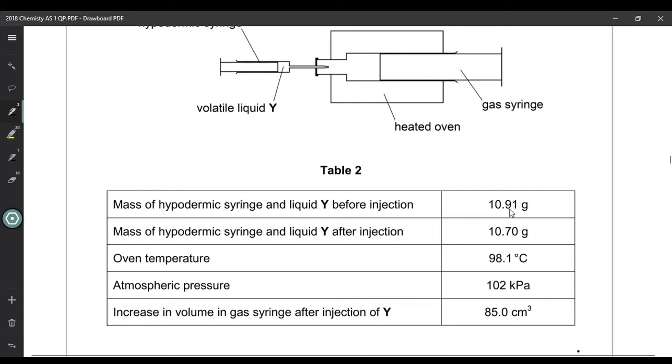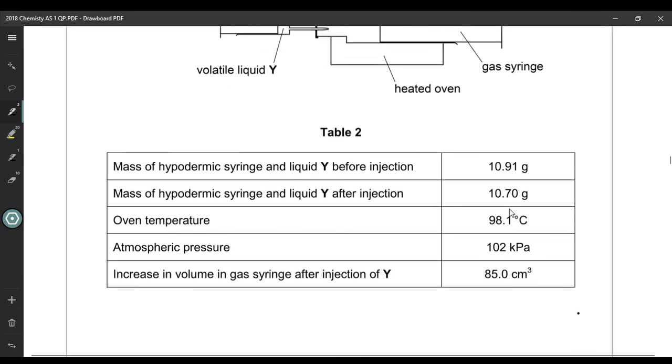We've been given various numbers, including the mass of the syringe before and after injection, so we'll be able to find out the mass of the liquid using this. We've got the oven temperature, atmospheric pressure, and the increase in volume in the gas syringe once it turns to a vapor. Things to note with this is we're going to have to do some conversions.